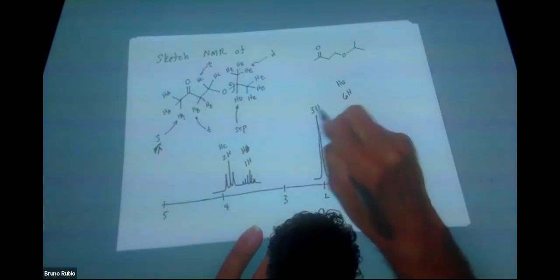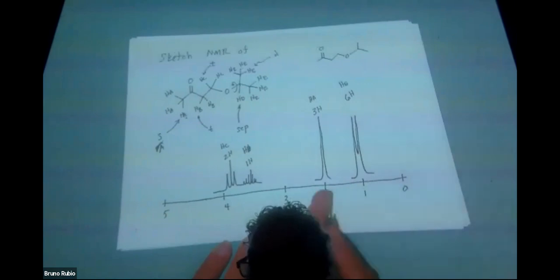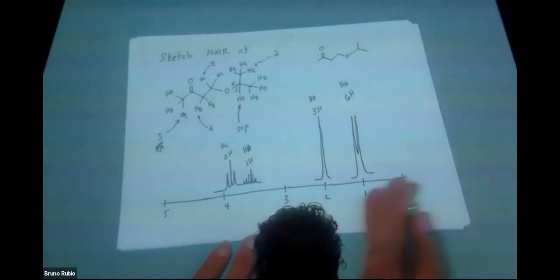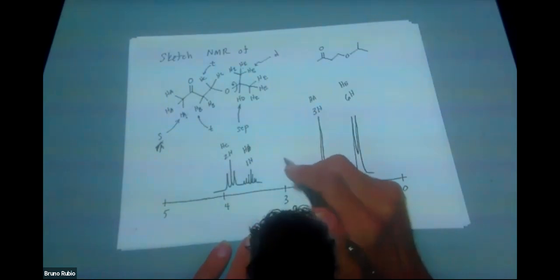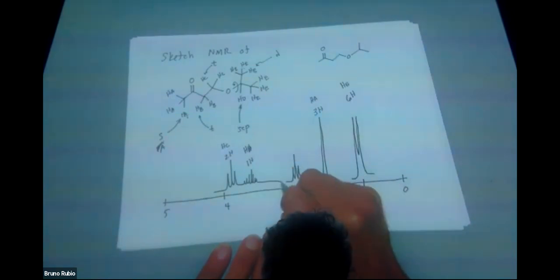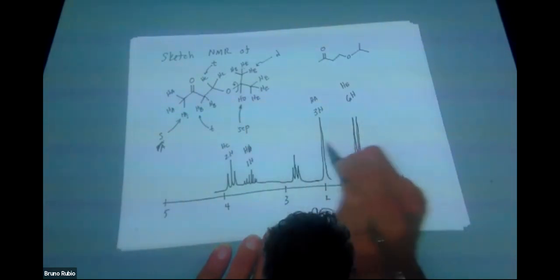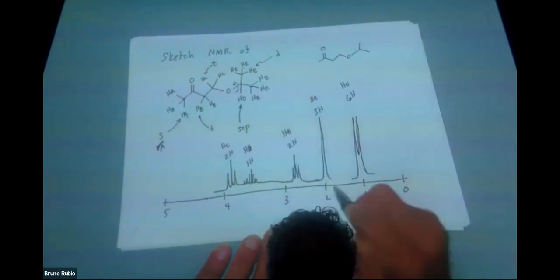That's the 3 hydrogens of the HA. And downfield from that is going to be the triplet due to the HB. And so I'm going to put that over here somewhere. And a triplet is a 1 to 2 to 1. And so that's our 2 hydrogen HB.